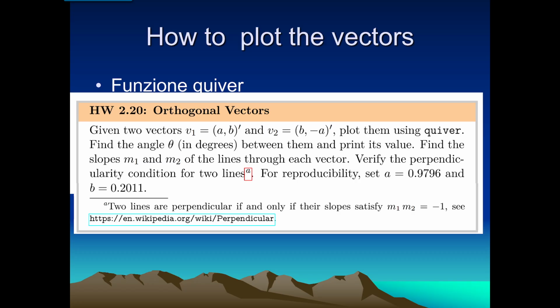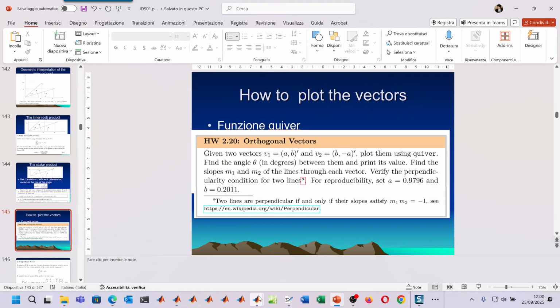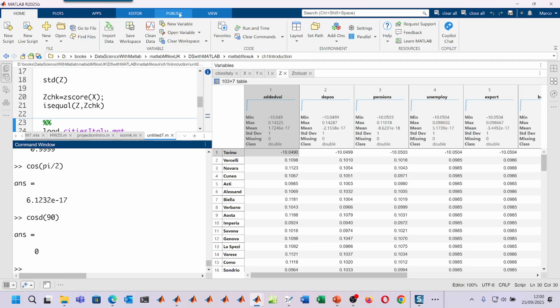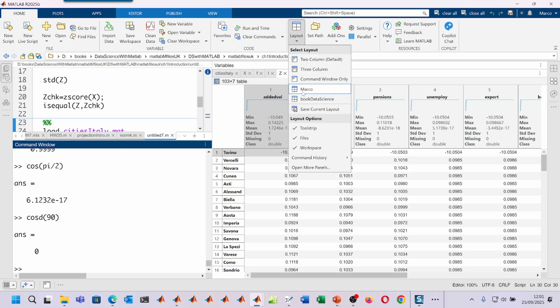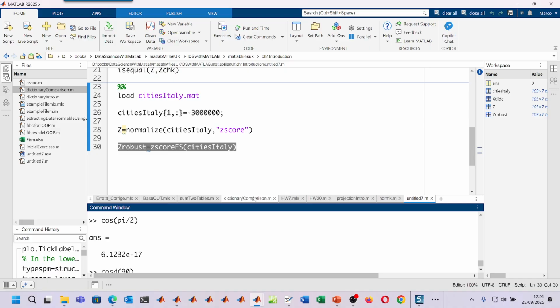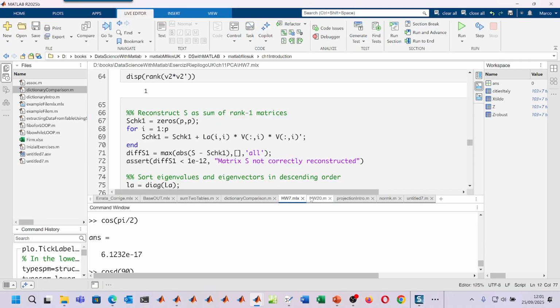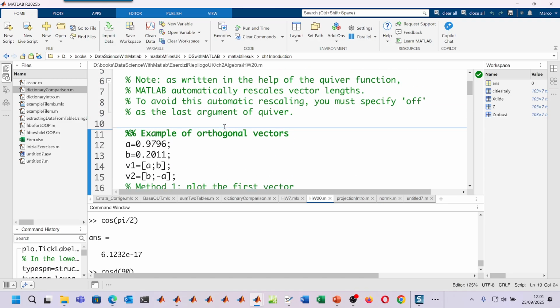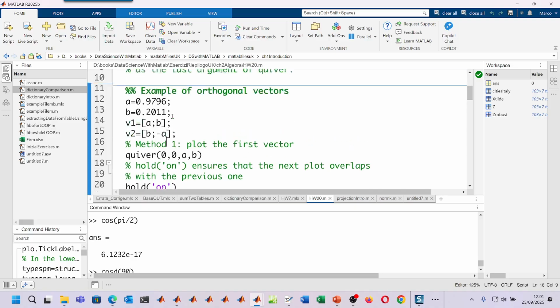And then here there is exercise 2.20, an example of orthogonal vectors.